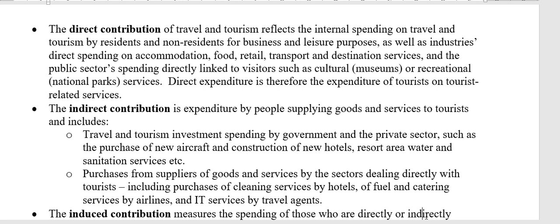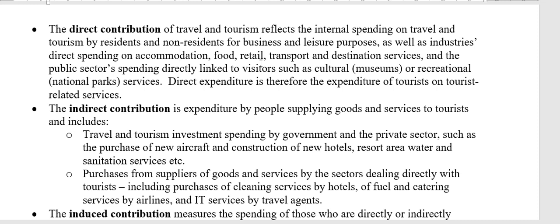So any tourist activities by local people, domestic tourists or foreign tourists, any spending of the tourists on, for example, accommodation, the places where they need to stay, the hotels, the B&Bs, the chalets that they stay in, any accommodation that they pay for, any food that they buy, whether it is at the restaurant, at the hotel, or at a takeaway place, any retail, so stuff that tourists buy, gift shops, the handbags, the suitcases, the camera equipment, curios, anything that they buy.